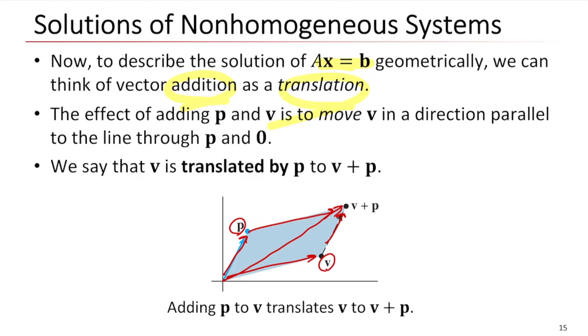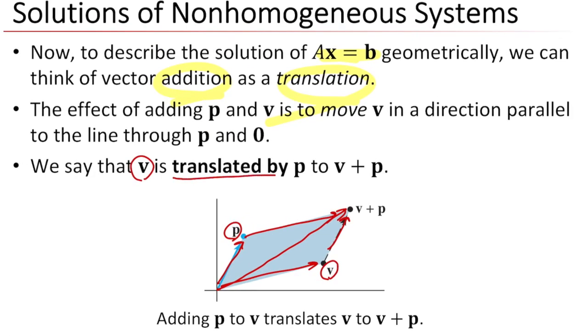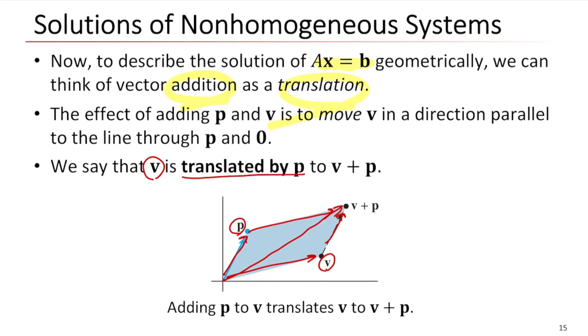In this case, we can say that vector v is translated by p to v plus p. What does it mean? Vector v is translated by this vector p to this one, right?